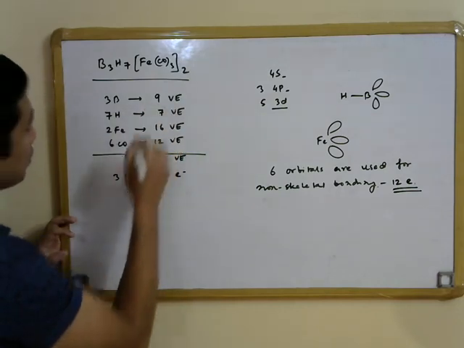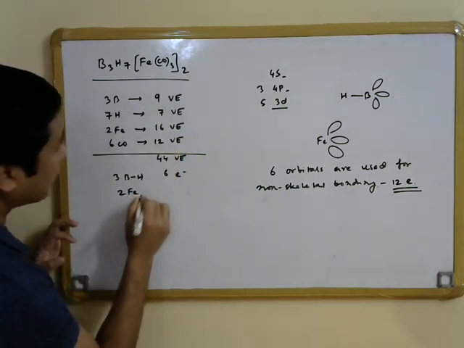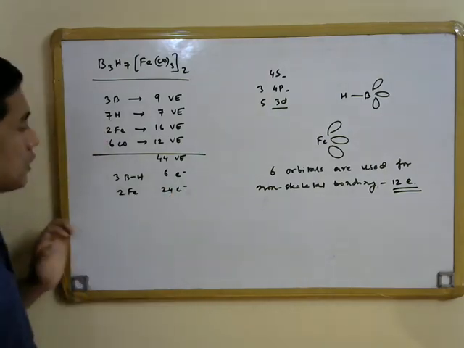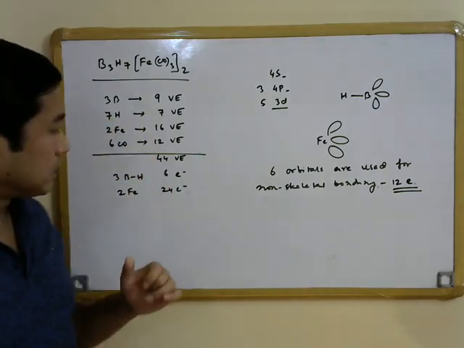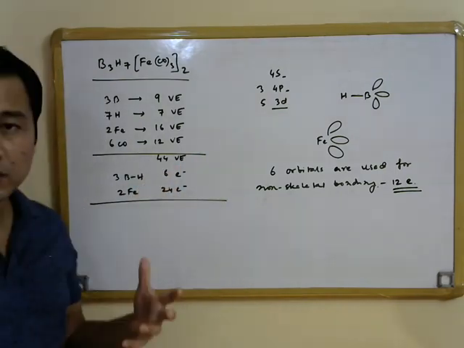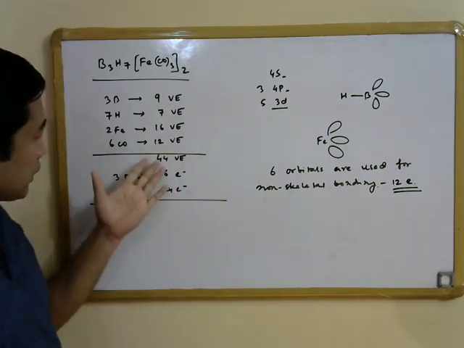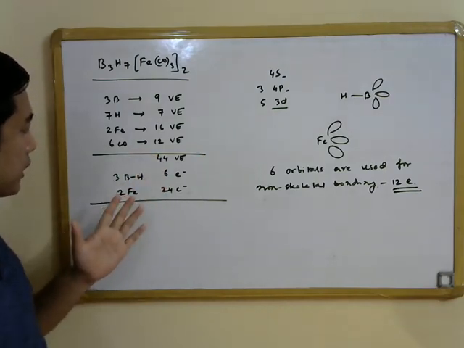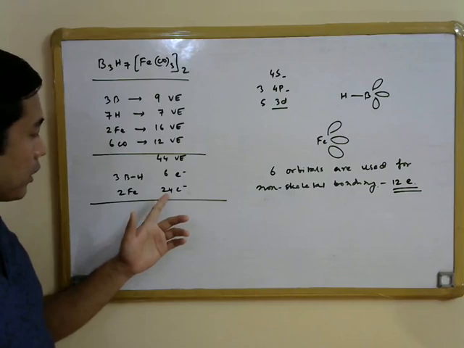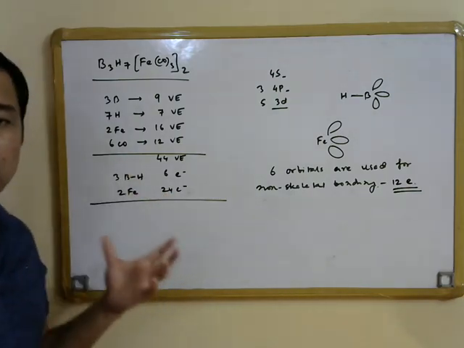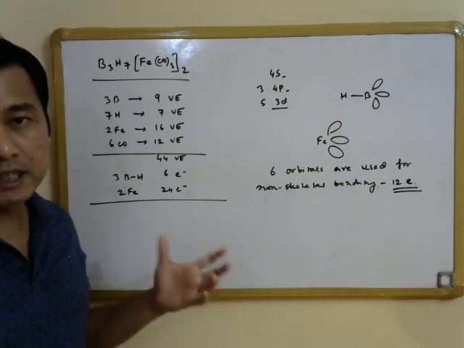So because there are 2 iron centers here, we will deduct 2 into 12, 24 electrons, for these 2 iron centers from the total valence electron count. When we deduct this from the total, that is 6 electrons for the 3 BH bonds, 24 electrons for the 2 iron centers, the remaining electrons will essentially be used for skeletal bonding.